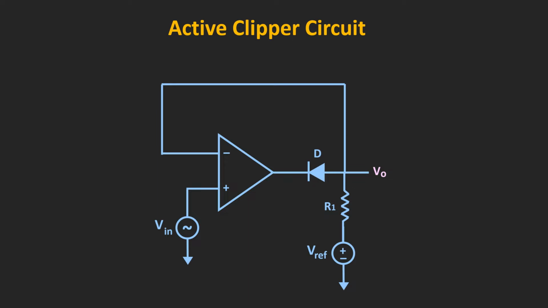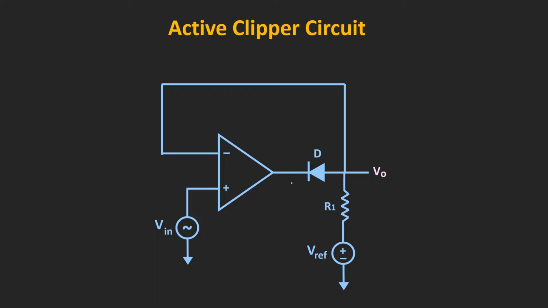Now if you observe the circuit, the diode is connected in the feedback path. So this portion of the circuit will behave like a super diode. Whenever the diode is in the on condition, the op-amp will operate in the closed loop configuration. And due to the very high gain of the op-amp, the voltage drop across this diode is negligible. So basically this diode will act as an ideal diode.